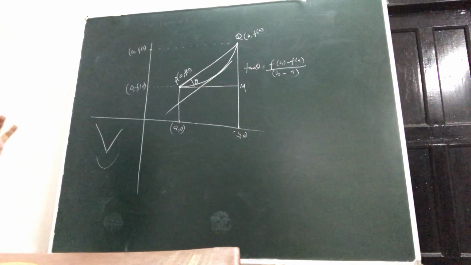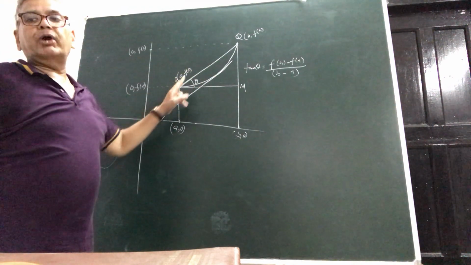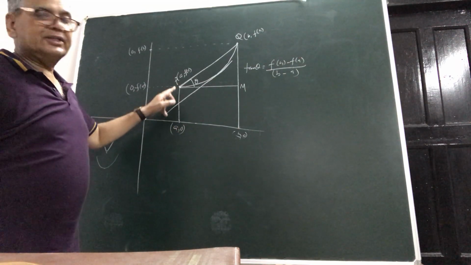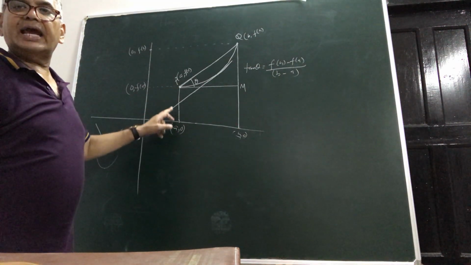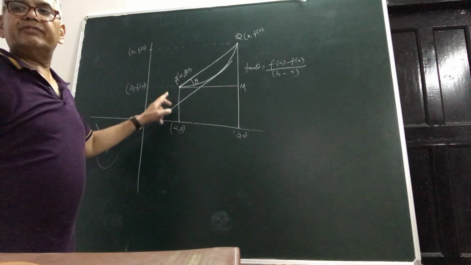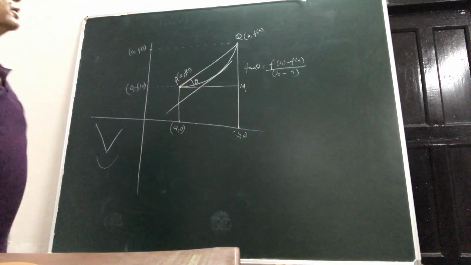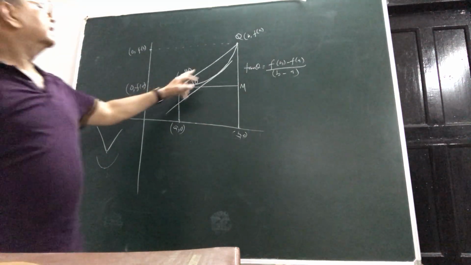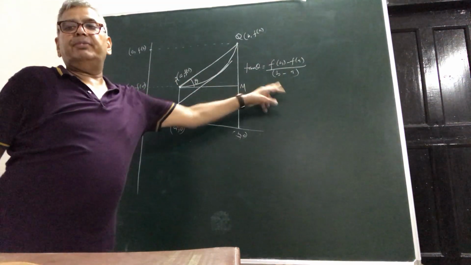I am joining points P and Q, and P and Q are the points on the graph corresponding to (a, f(a)) and (b, f(b)). So if you join these 2 points, the slope of this line is what? (f(b) minus f(a)) upon (b minus a).